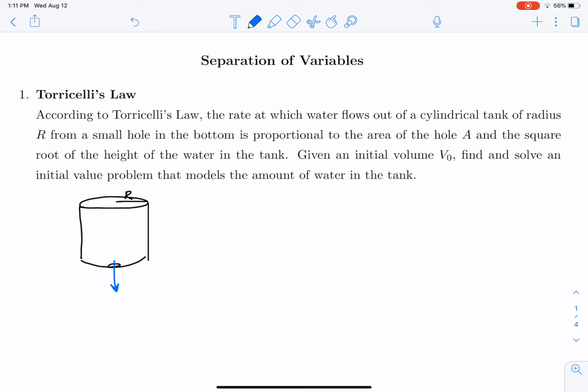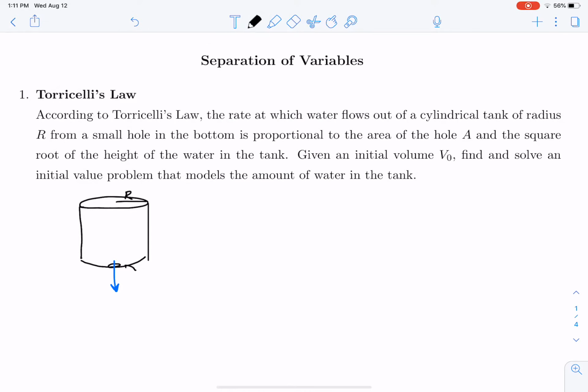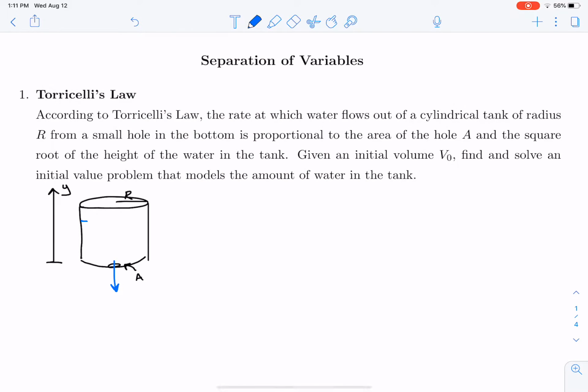And the cross-sectional area of that little hole is A. Now I'm going to set up a y-axis here. And the y-axis is going to give me the height of the water at a particular moment. So let's say that that is the height of the water, say, y.